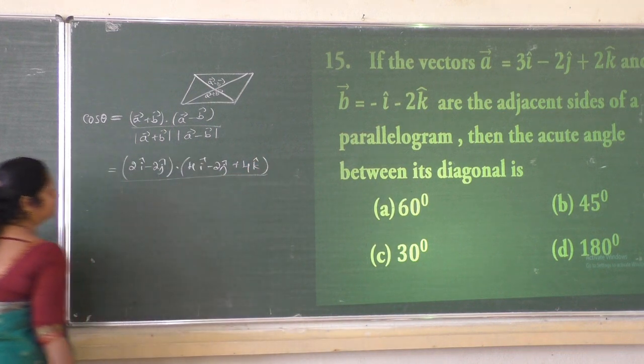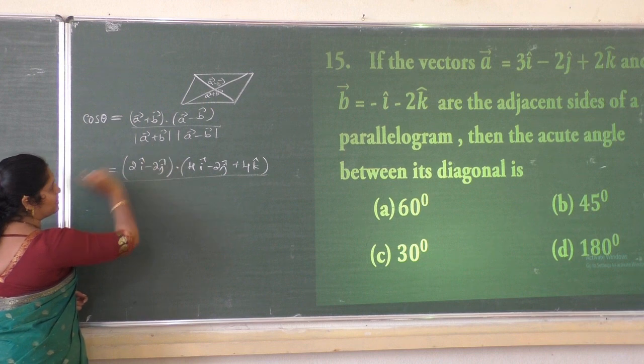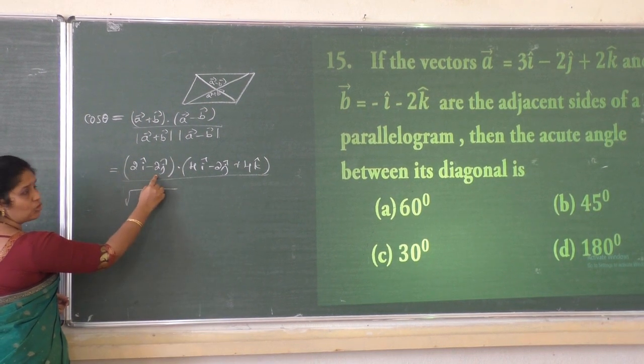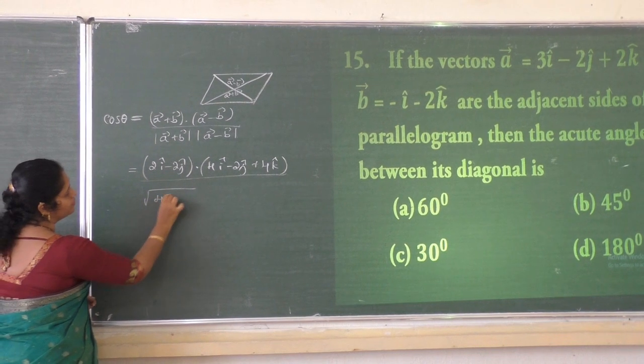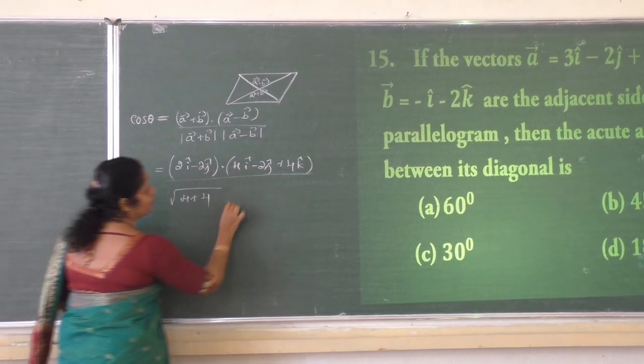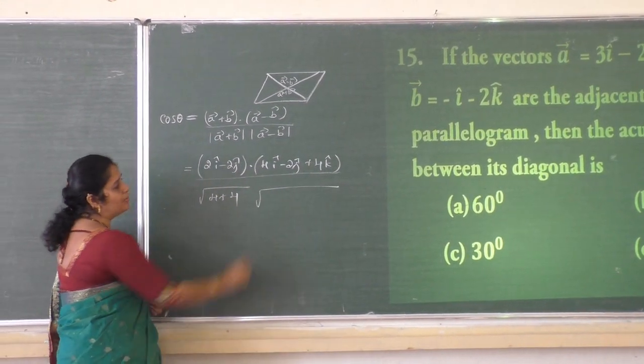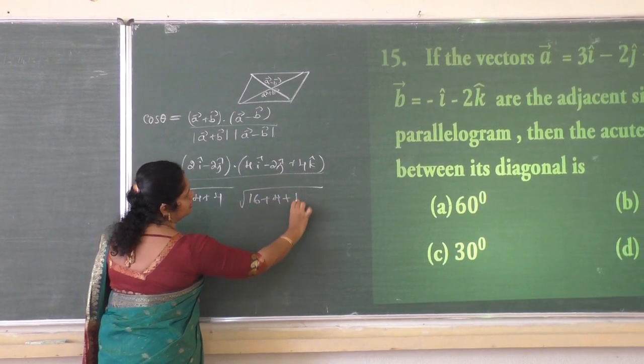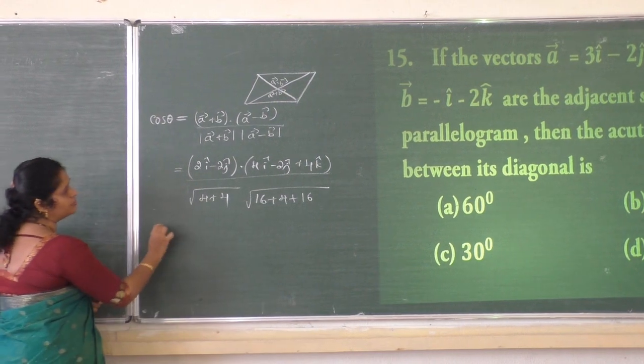By the magnitude of vector A plus vector B, square root of 4 plus 4, into the magnitude of this vector, 16 plus 4 plus 16.